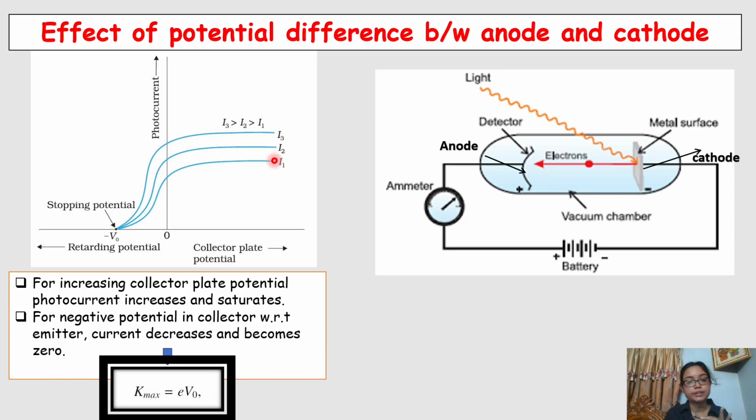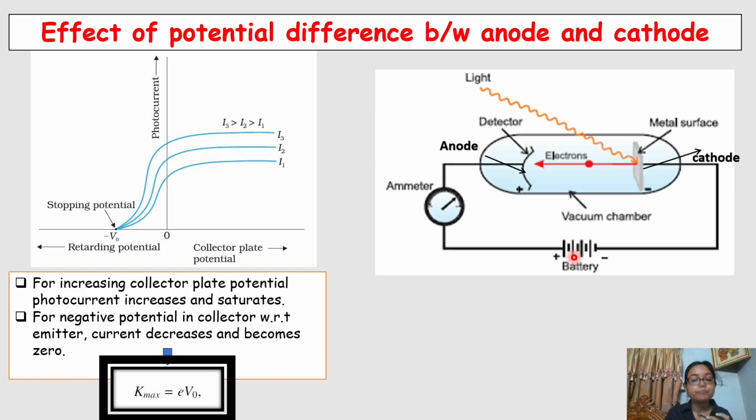Now, if I go to this part of the graph, that means if we reverse the polarity of the battery, so the anode is now connected to the negative terminal of the battery and the cathode is connected to the positive side, and we make it more negative, then the photocurrent will decrease and become zero for a particular potential.